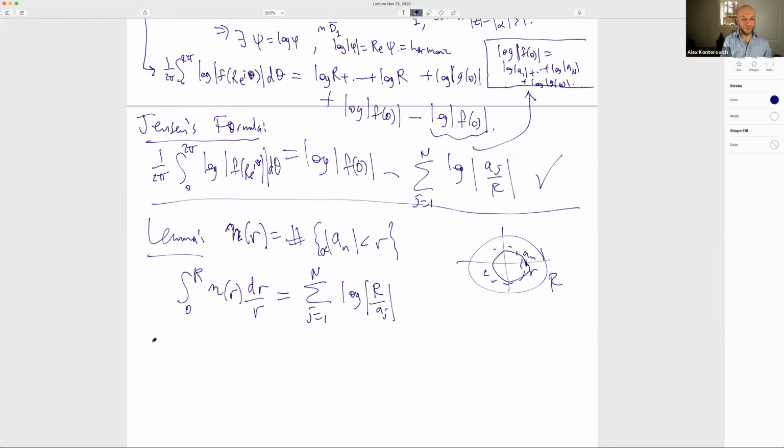Why is this true? Let's make a function, the indicator function chi j of r. You see, I start with a very small radius, and at first I don't have any zeros, and then I get larger and larger radius, and then I start catching some zeros. So this is, have we caught up to the jth zero yet? It's just the indicator function of whether a j is bigger than r or not.